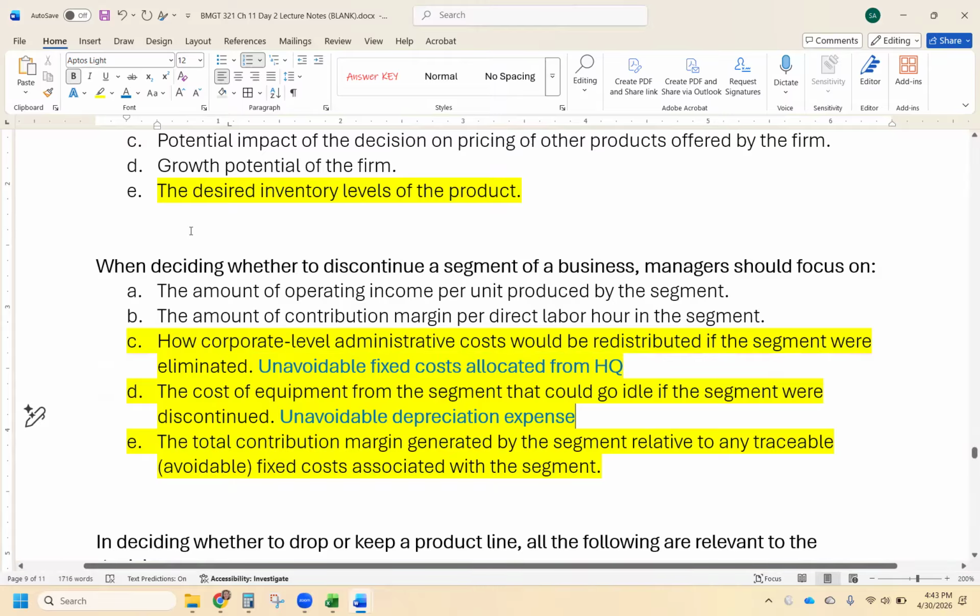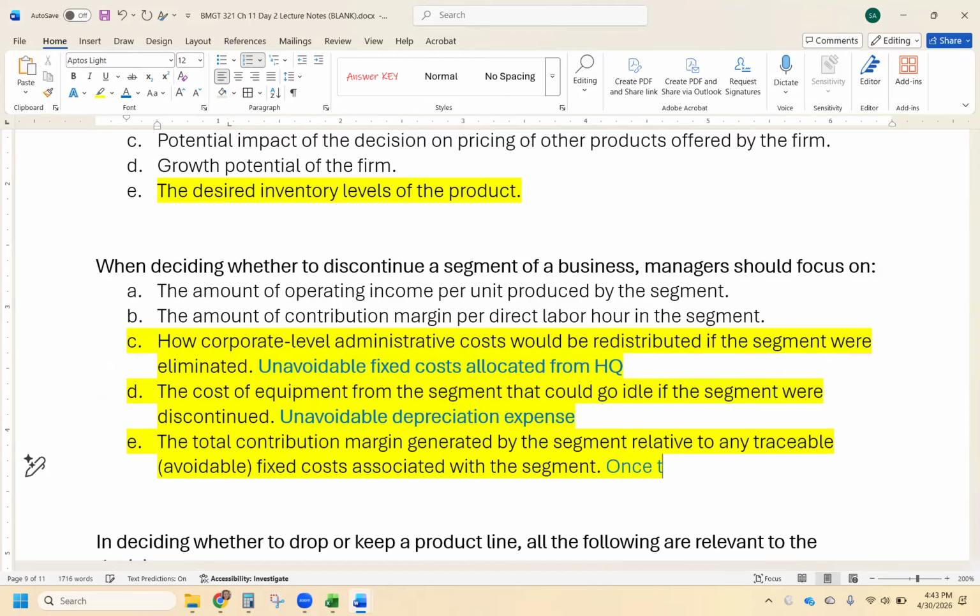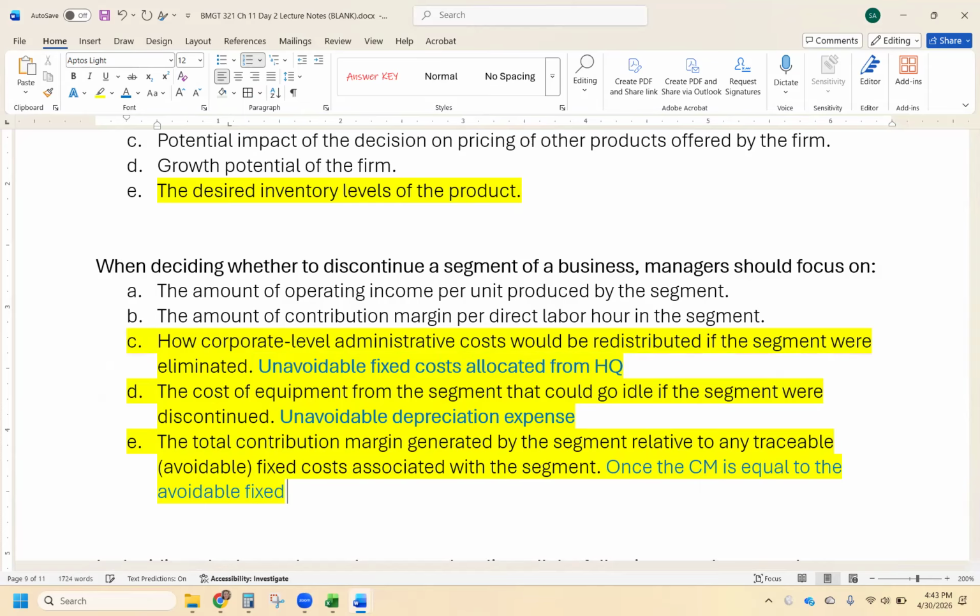And then the last one, the total contribution margin generated by the segment relative to any traceable or avoidable fixed costs associated with the segment. Once the contribution margin is equal to the avoidable fixed costs, then it's okay to drop. If the contribution is more than the avoidable fixed cost, you keep.